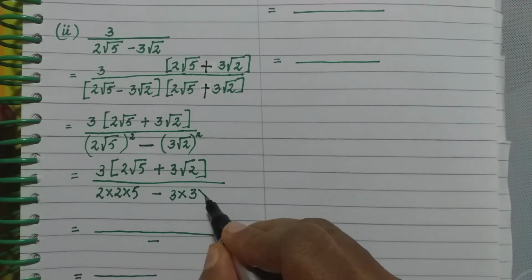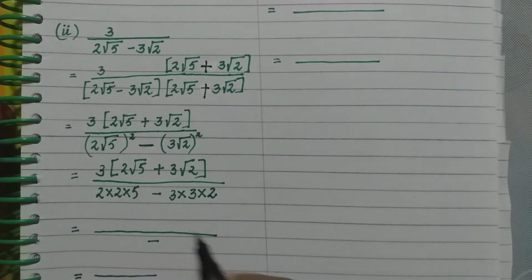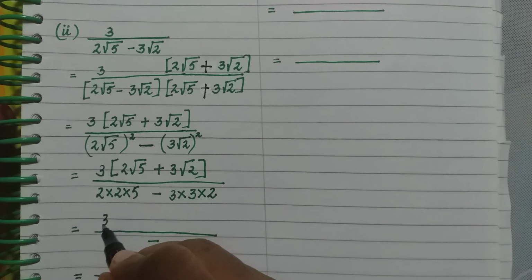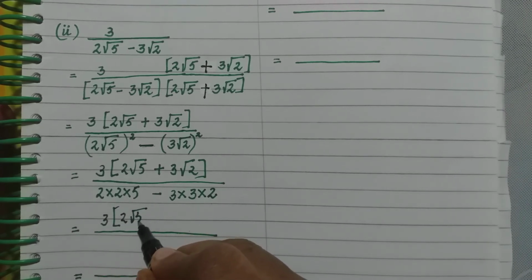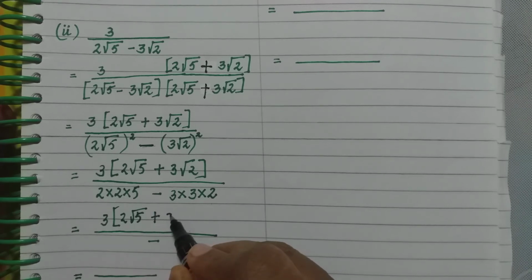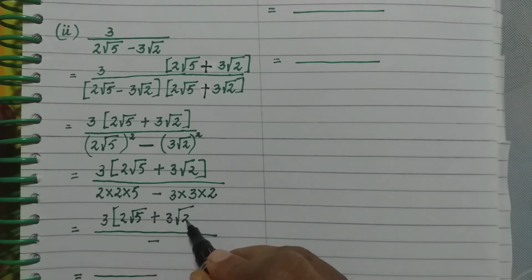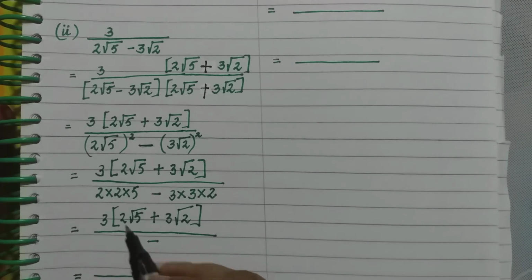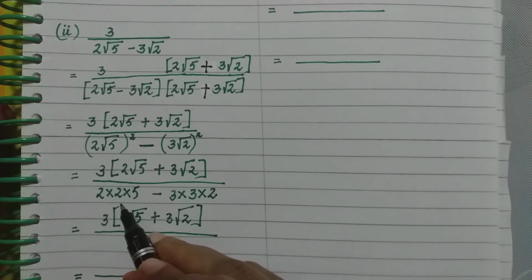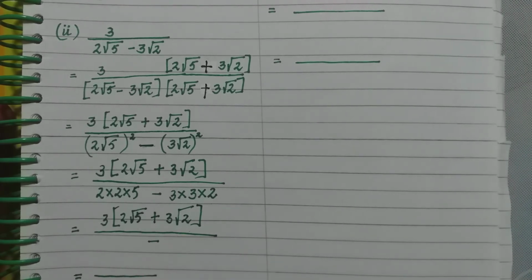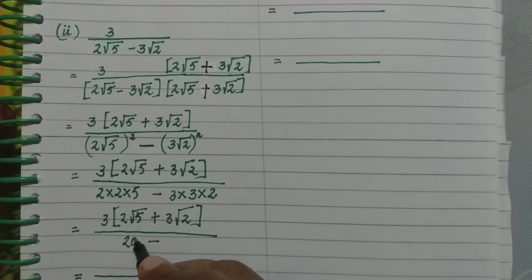Root 2 square is 2. So this will be 3 into 2 root 5 plus 3 root 2 upon 2 into 2 is 4. 4 into 5 is 20. So you have here 20.